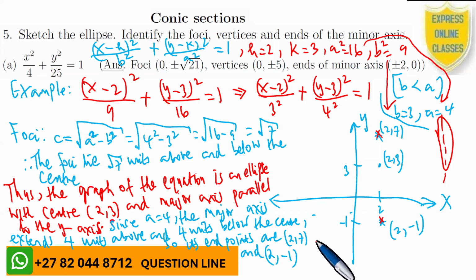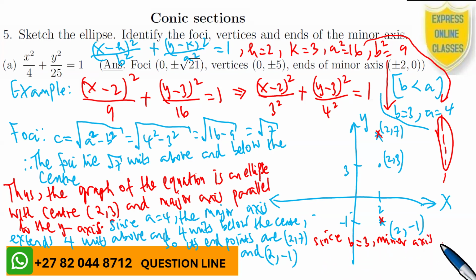Obviously we know that since B is equal to 3, the smallest one, is smaller than 4, it means that there's something called the minor axis.